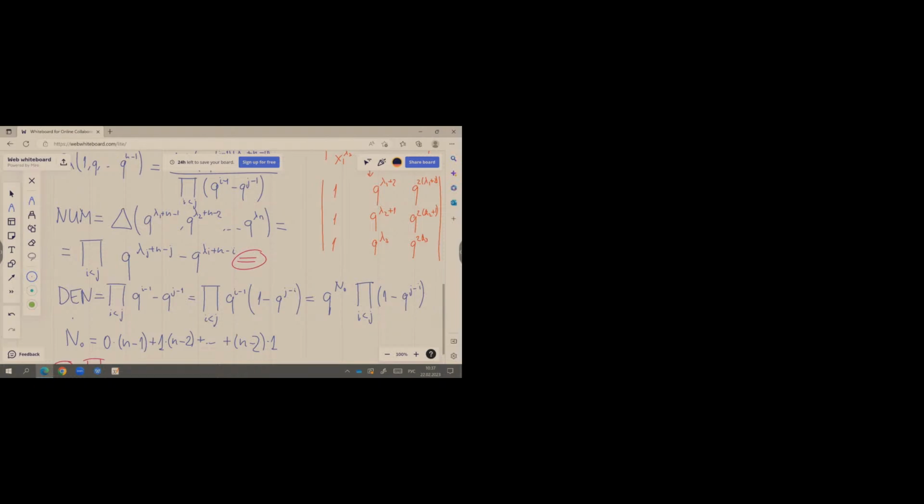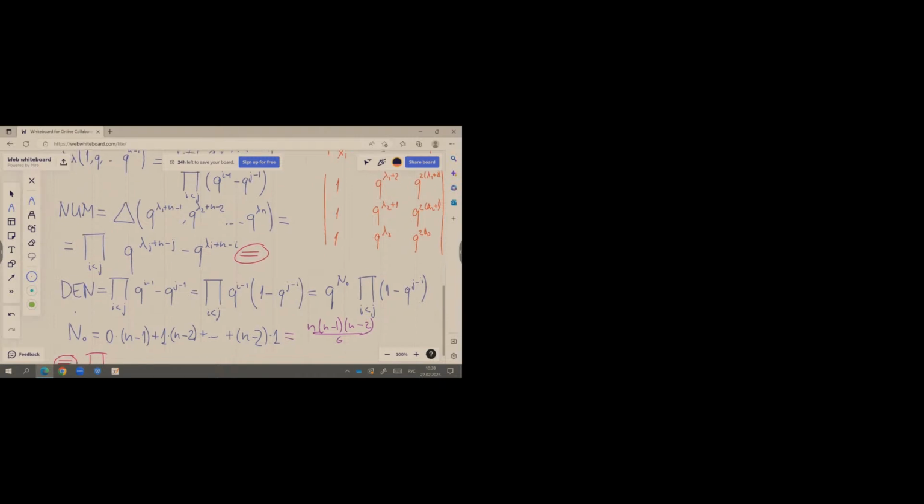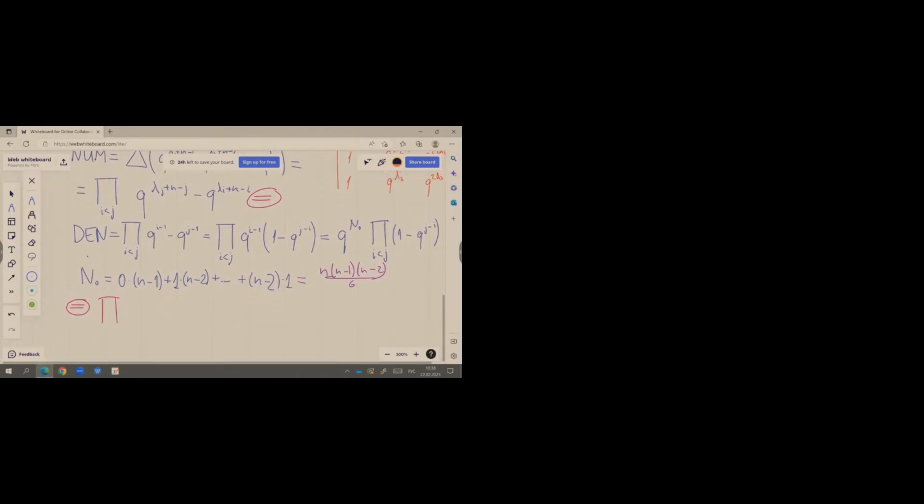I have to compute it somewhere. So, exercise: it is n times n minus 1 times n minus 2 over 6. And actually, I won't need it. So anyway, let me compute this product.